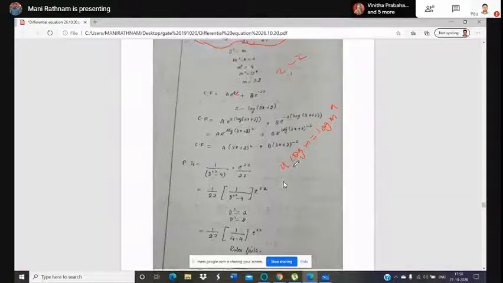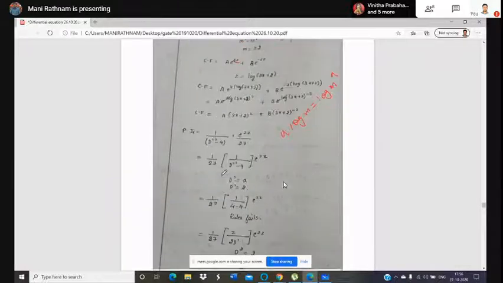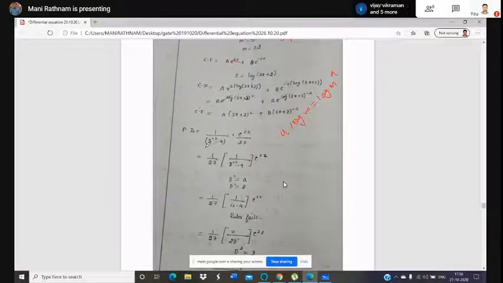So this is CF. Now PI, as usual, you can find it: 1 by D' square minus 4 into e power 2z by 27. And here D' equal to a, and the a value we should substitute here is 2. So substitute 2 directly. The rule fails.